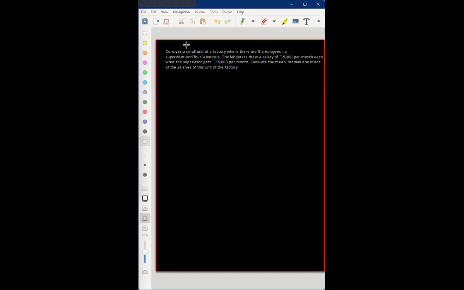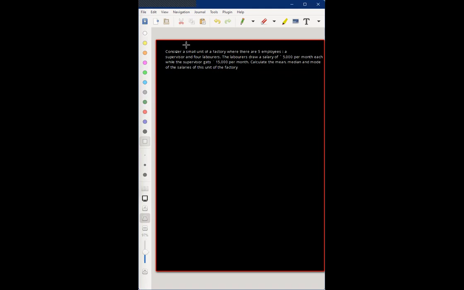A factory has 5 employees. There is a supervisor and 4 laborers. The laborers draw a salary of 5,000 rupees a month, whereas the supervisor gets 15,000 rupees a month. I want you to find the mean, the median, and the mode of this data.